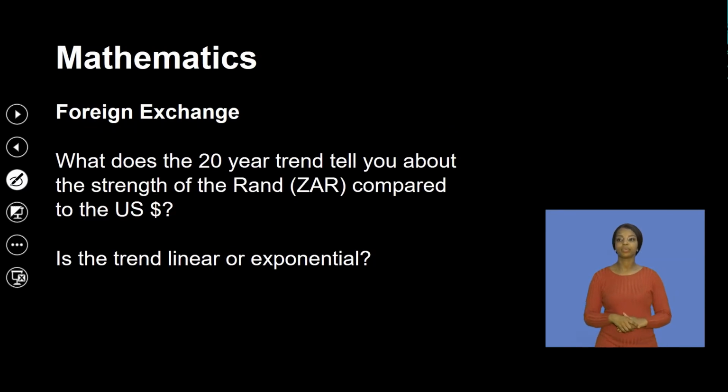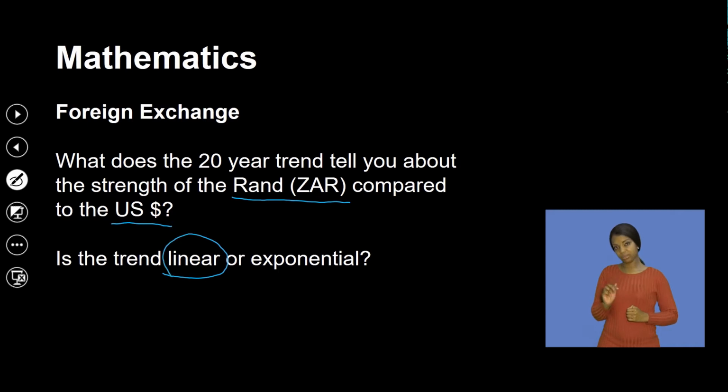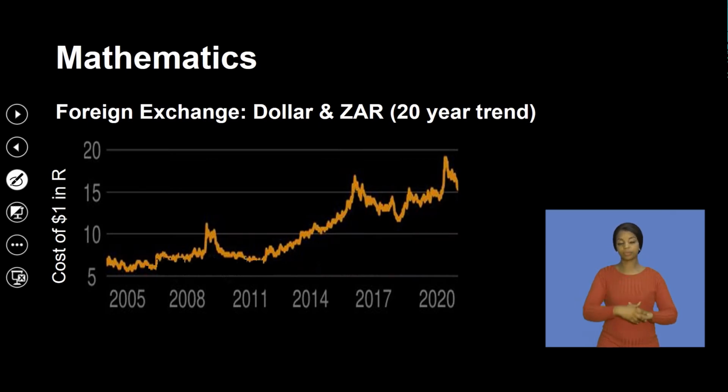Now, what does the 20-year trend tell you about the strength of the rand? Remember, I said I'm going to use the rand and the US dollar to look at the trend. We're going to talk about whether our trend is linear or exponential. But let's look at an actual graph. On the graph, if you start at 2005 and go to roughly 2008, it looks like a linear trend.